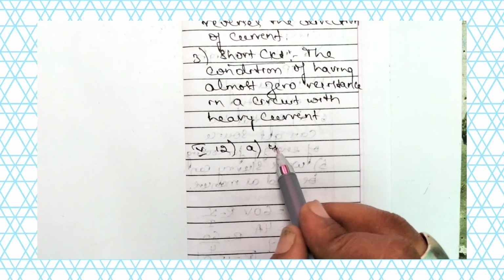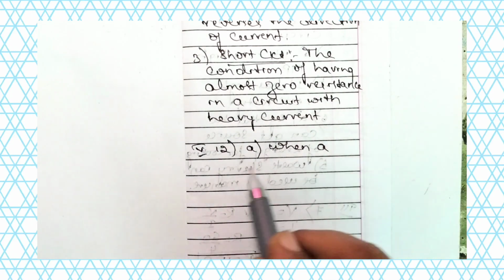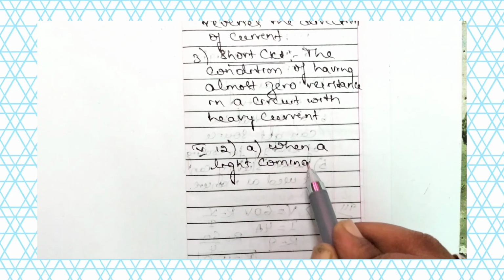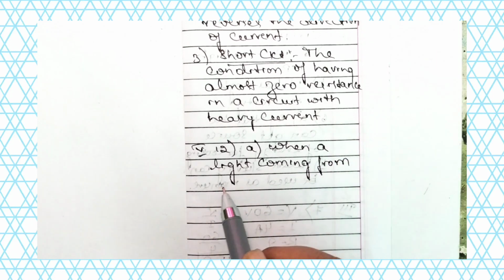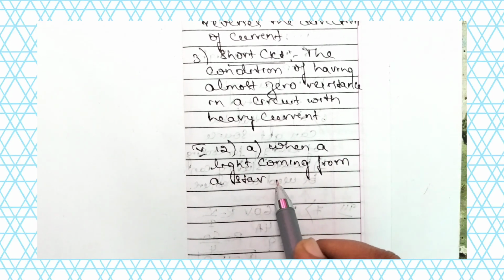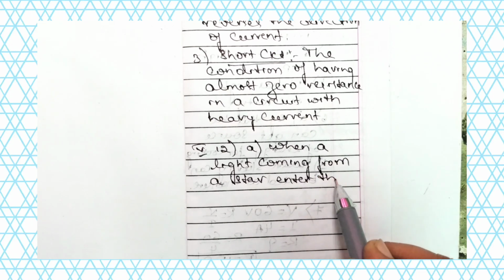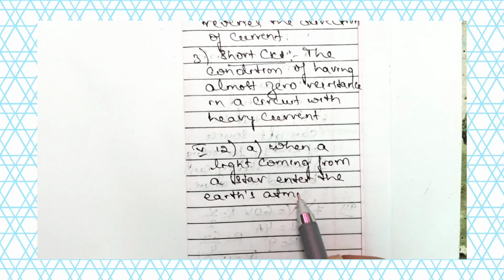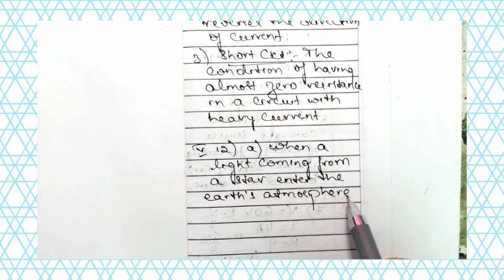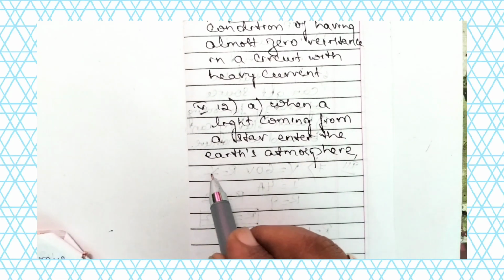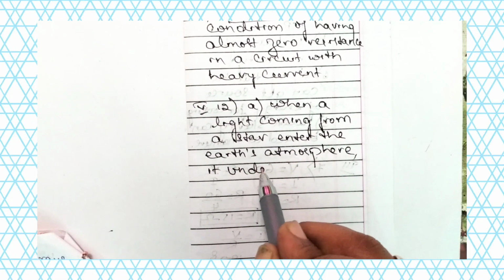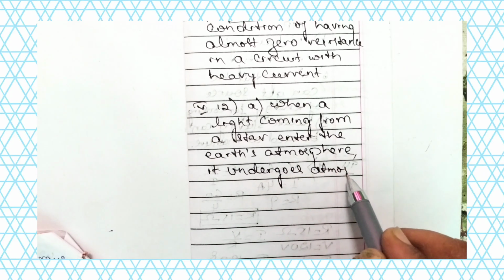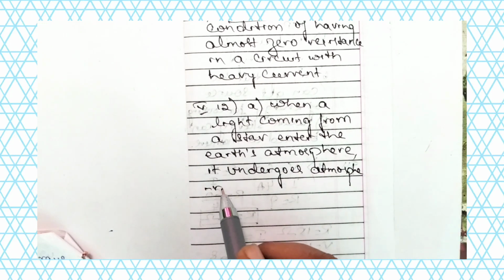So now when a light coming from a star enters the earth's atmosphere, it undergoes atmospheric refraction.